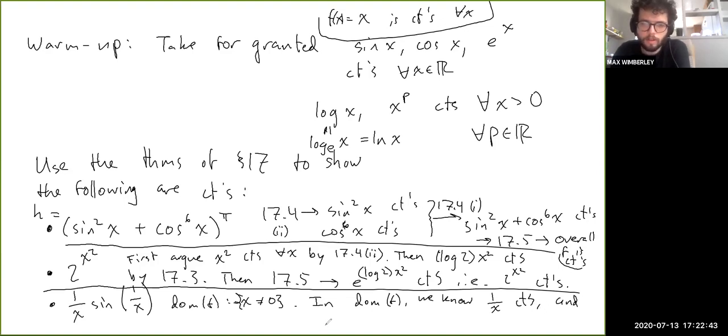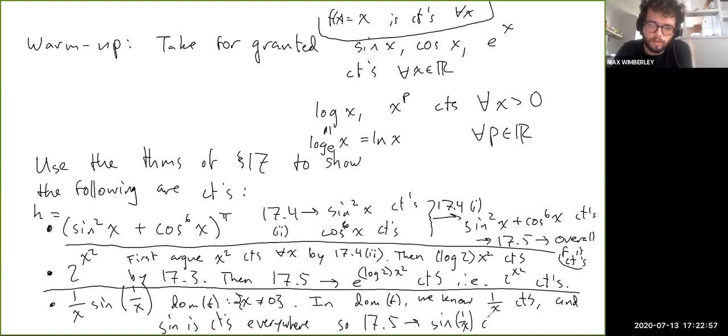And sine is continuous everywhere. So 17.5 tells us that sine of 1 over x is continuous for x not equal to 0.